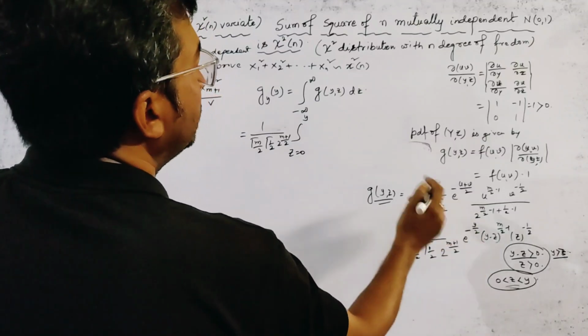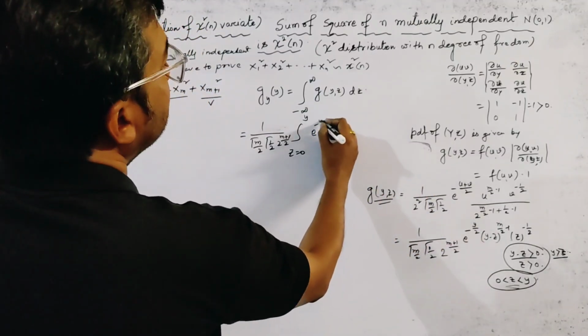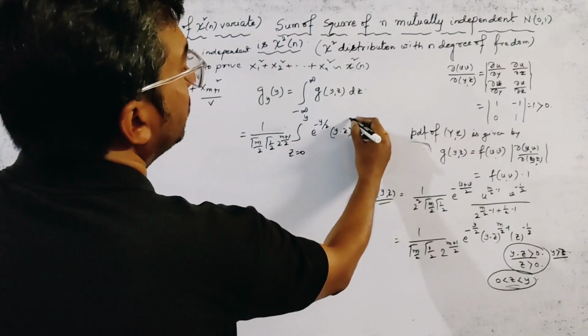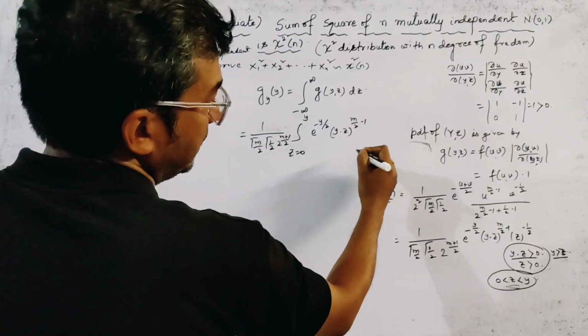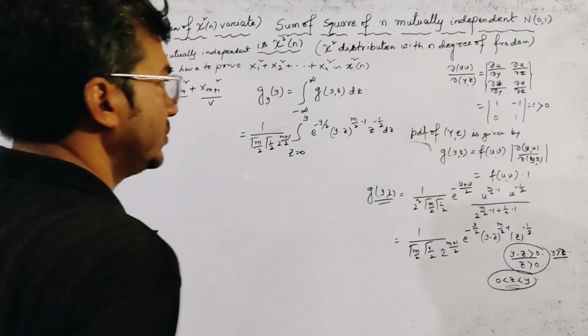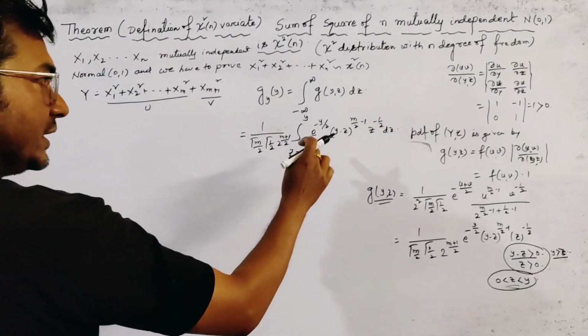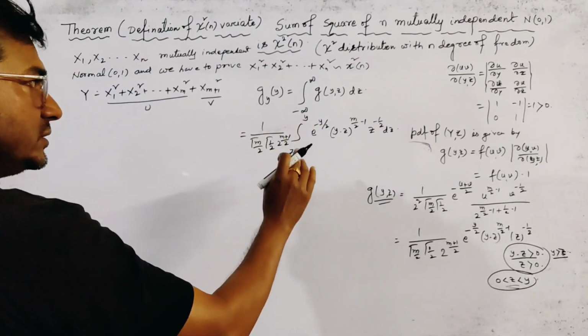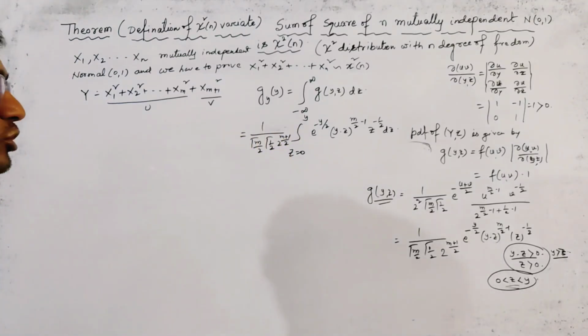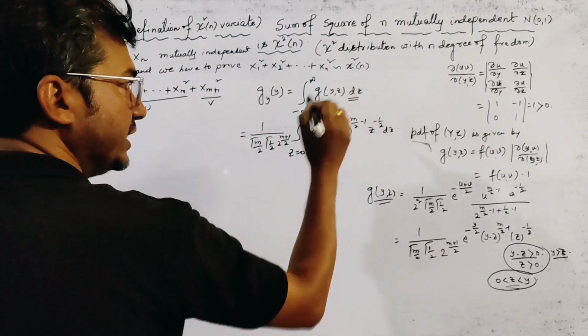And we put the value here, e to the power minus y by 2, and (y minus z) whole to the power m by 2 minus 1, and z to the power minus half dz. Okay, and here in the integrand the term y is treated as constant because we integrate with respect to z.